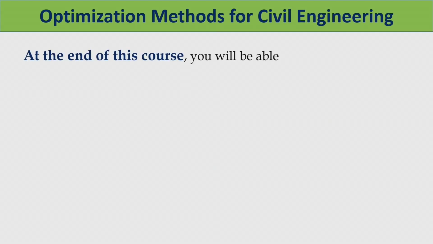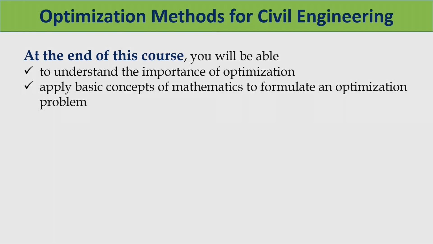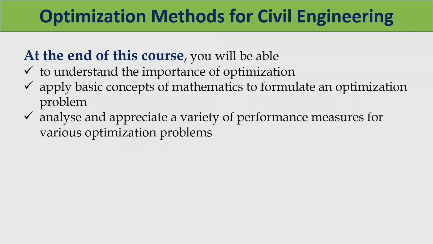At the end of this course, you will be able to understand the importance of optimization. Then you will be able to apply the basic concept of mathematics to formulate an optimization problem. You will be able to analyze and appreciate a variety of performance measures for various optimization problems.